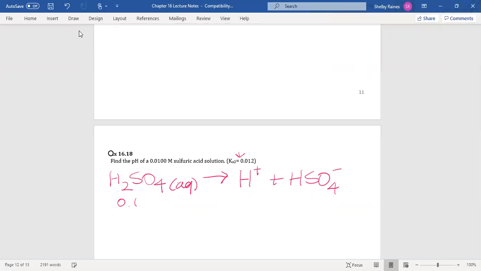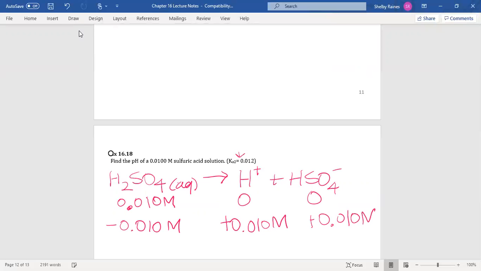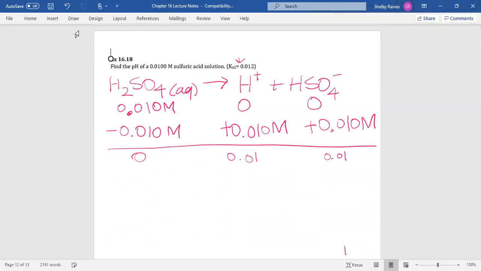So if I start with 0.01, 0 this, I'm going to completely dissociate this into these two ions. That's 0, this is 0.01, 0.01. Okay, so now I can do my second ice table.